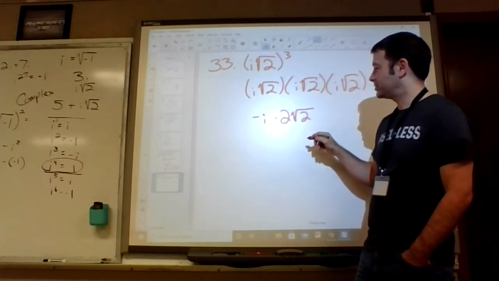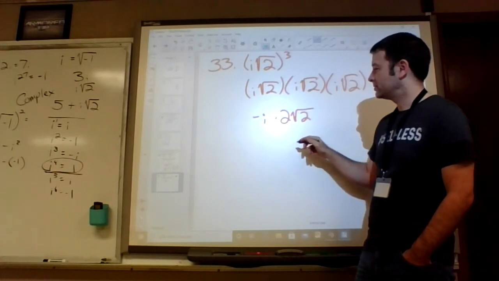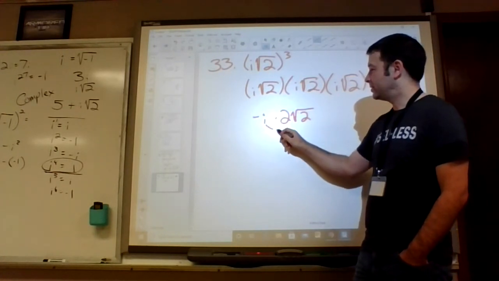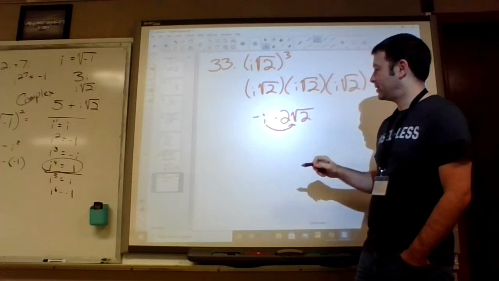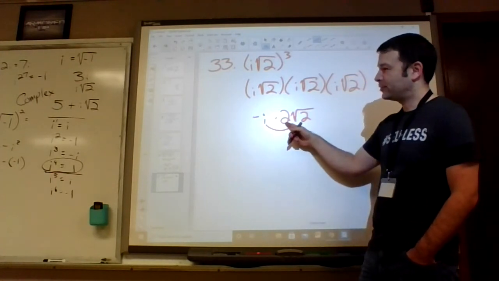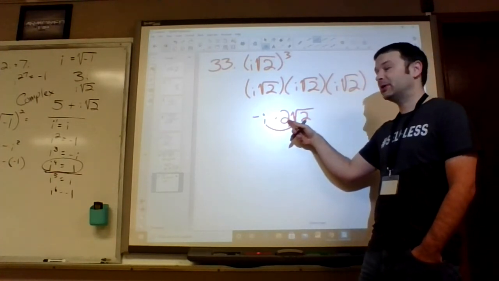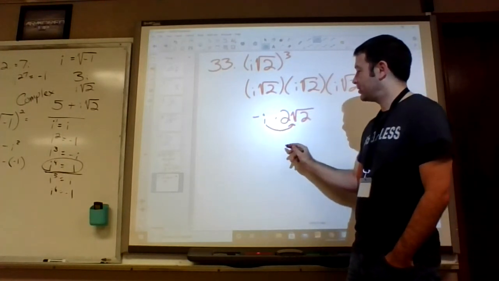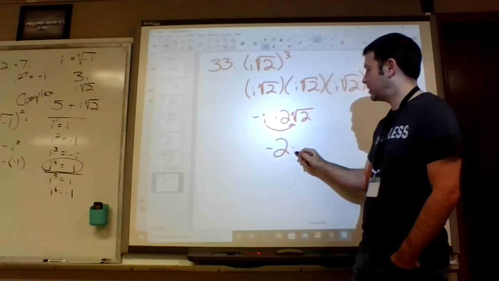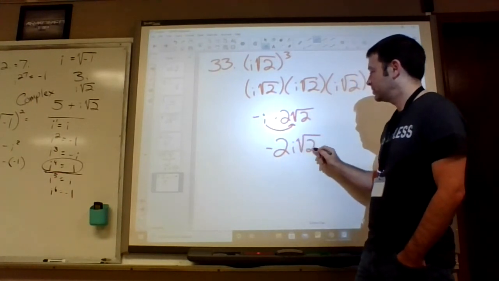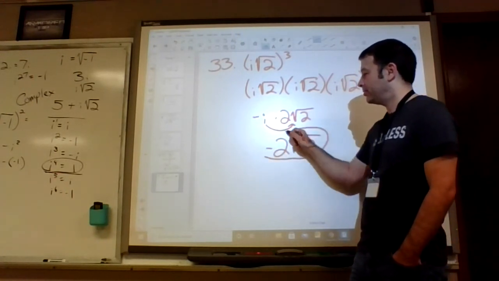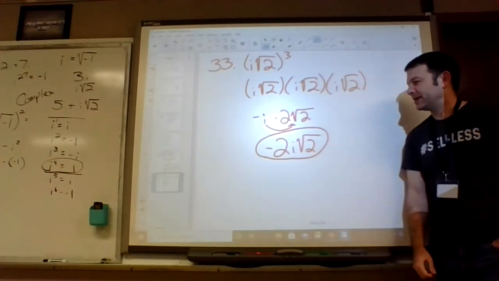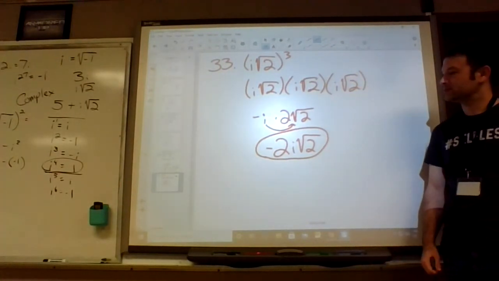How should I put those together? Well, the i we normally stick right there after the rational number before the square root. The negative will just stick out in front. So it's negative 2i square root of 2. I didn't really do anything, I just kind of reordered this stuff.